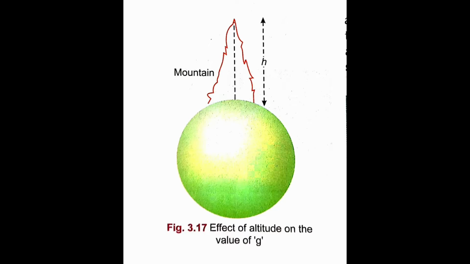Acceleration due to gravity at height h is less than that on the surface of the Earth. So, if we go above the surface of the Earth, the value of g decreases. In other words, the acceleration due to gravity decreases with increasing altitude above the surface of Earth.